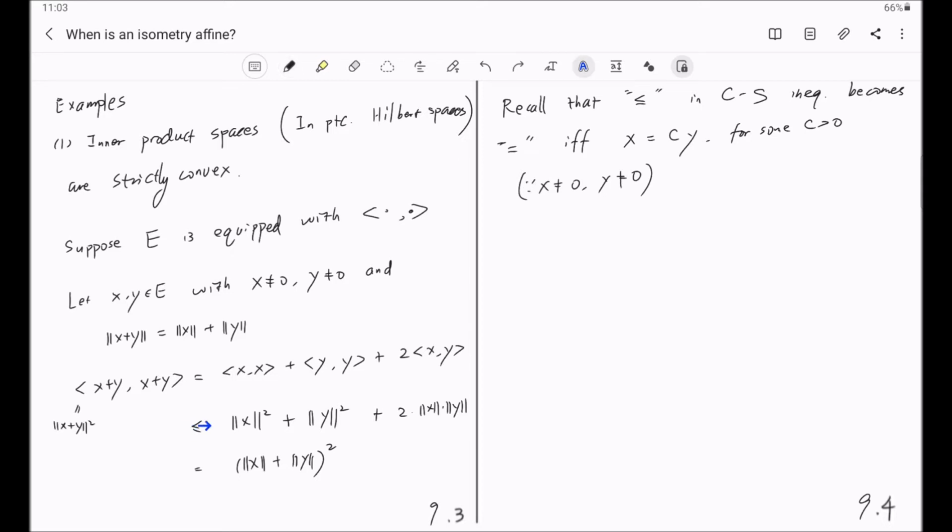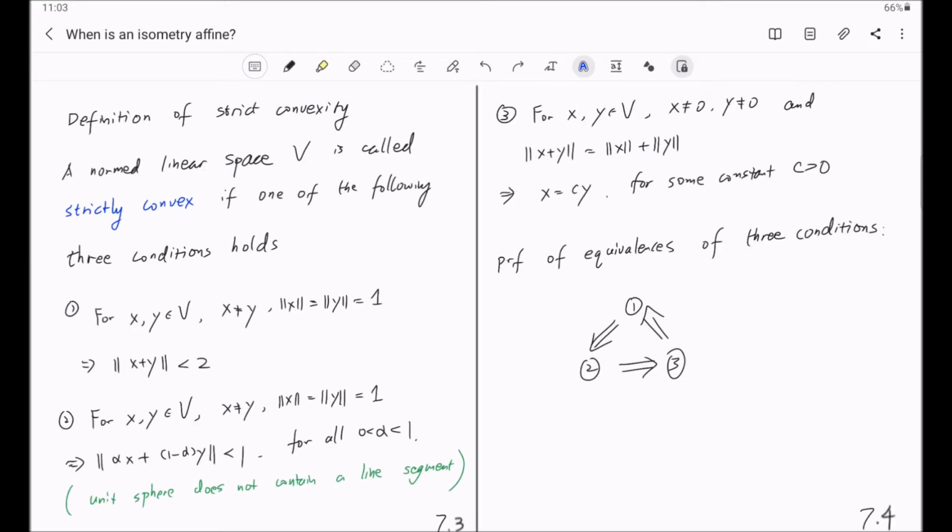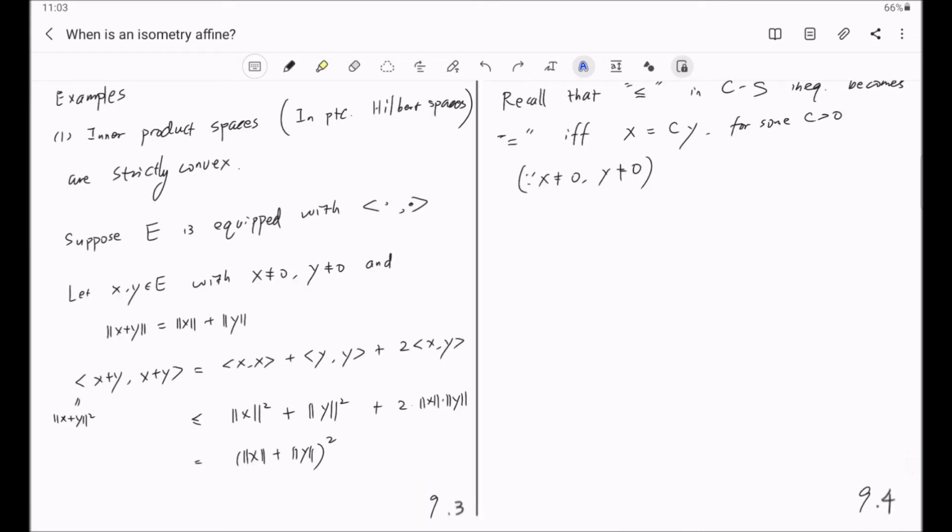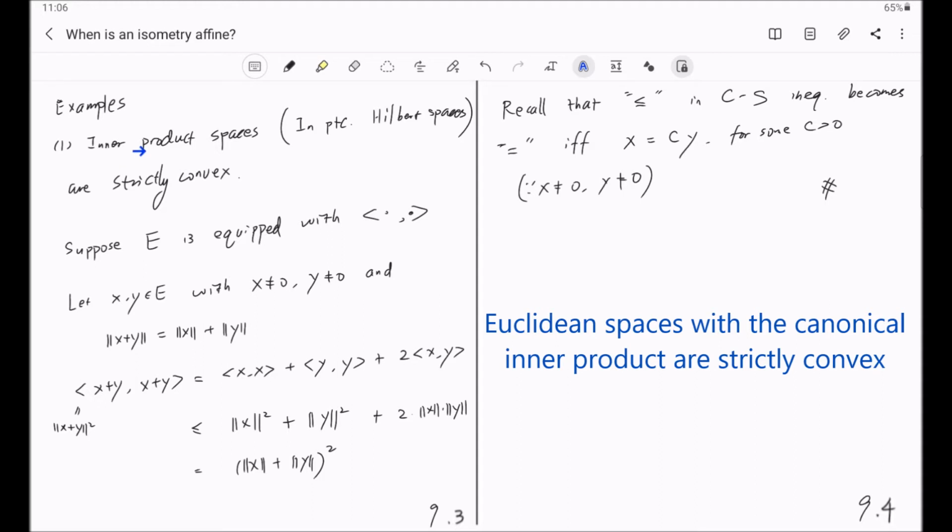So when this inequality becomes an equality, we must have x equal to c times y with some c greater than 0. And that is precisely what is needed for the definition number 3. So this verifies that inner product spaces are strictly convex. And as a concrete example, Euclidean spaces are inner product spaces, so they are strictly convex. So this is our first example.